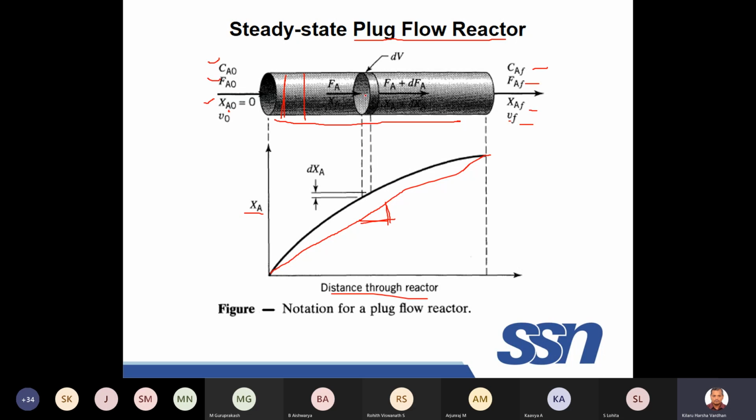So the change in the conversion, let it be dXA during this particular path, right? In this path there will be a conversion change, because there will be one conversion here and one more conversion here. So the difference between the conversions, let it be dXA. The difference in the x is nothing but the thickness of this small elemental strip.